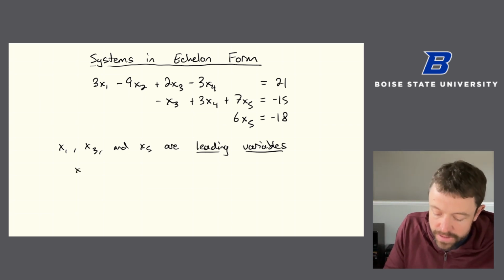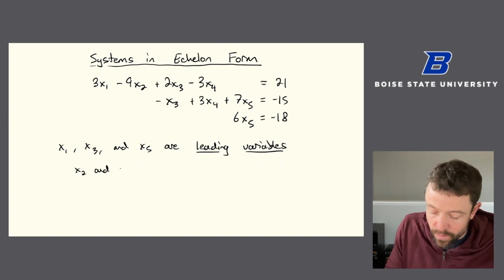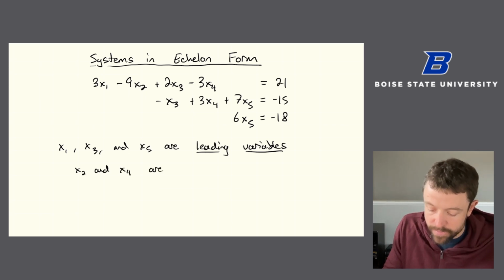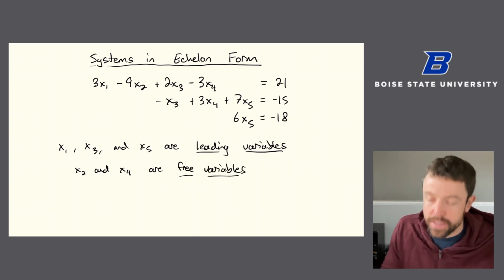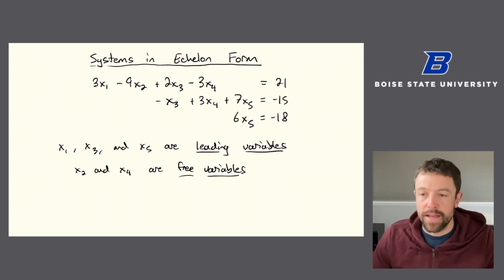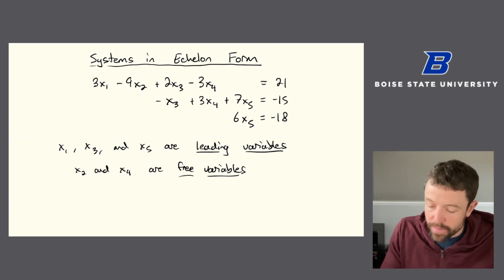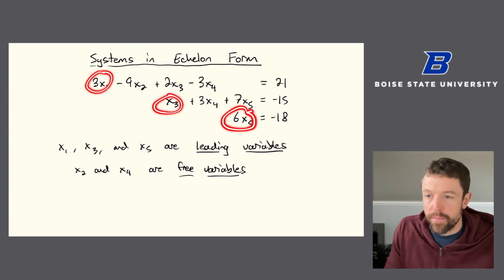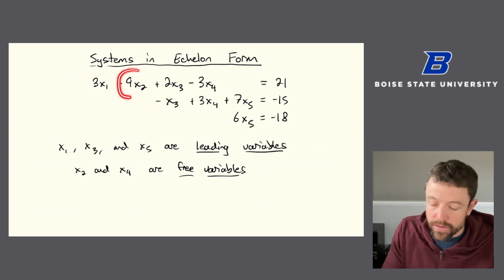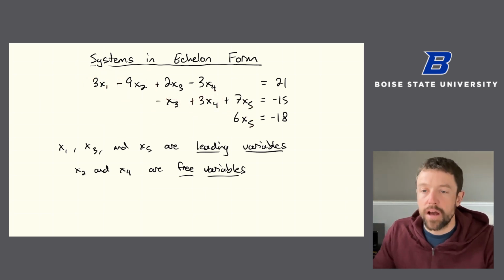And we call x2 and x4 free variables. One of the values of terminology is to not have to constantly say long, convoluted sentences to describe things, right? So a leading variable is these three things: when we're in echelon form, the first variable in an equation. And the free variables are all the other ones, the ones that don't lead off any equations.